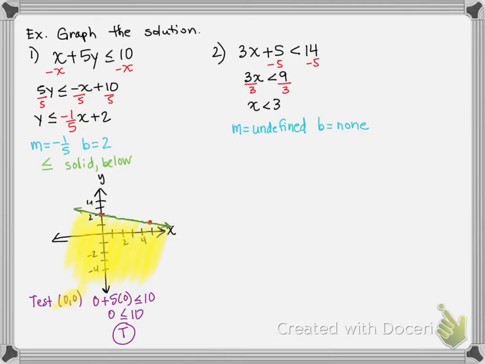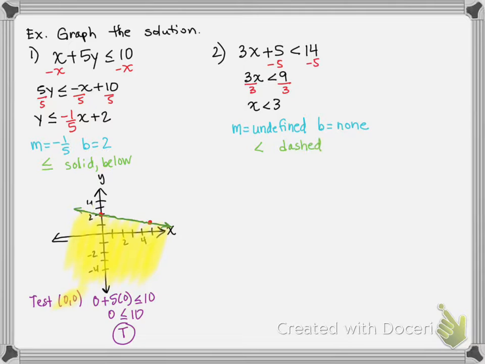Okay, now let's look at the inequality. So we have a less than. So let's see, that's going to be dashed.